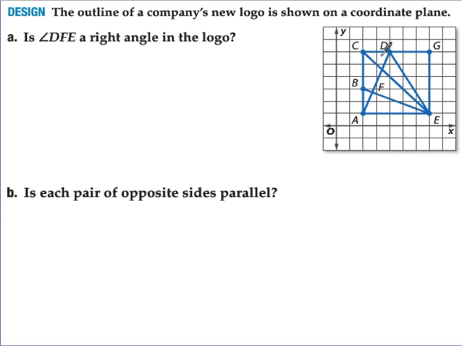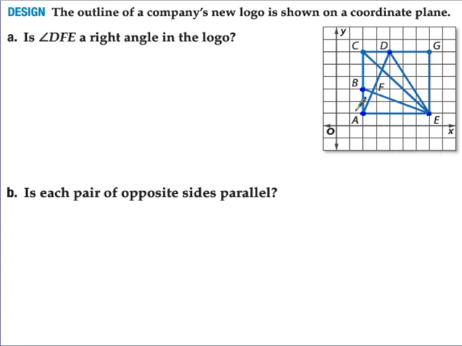And so we need to identify the two lines. First DA and then also BE. If we can show that those two lines are perpendicular, then we can prove that F, angle F here, is a right angle. So all we need to do is find the slope. We've got two ordered pairs for each line.